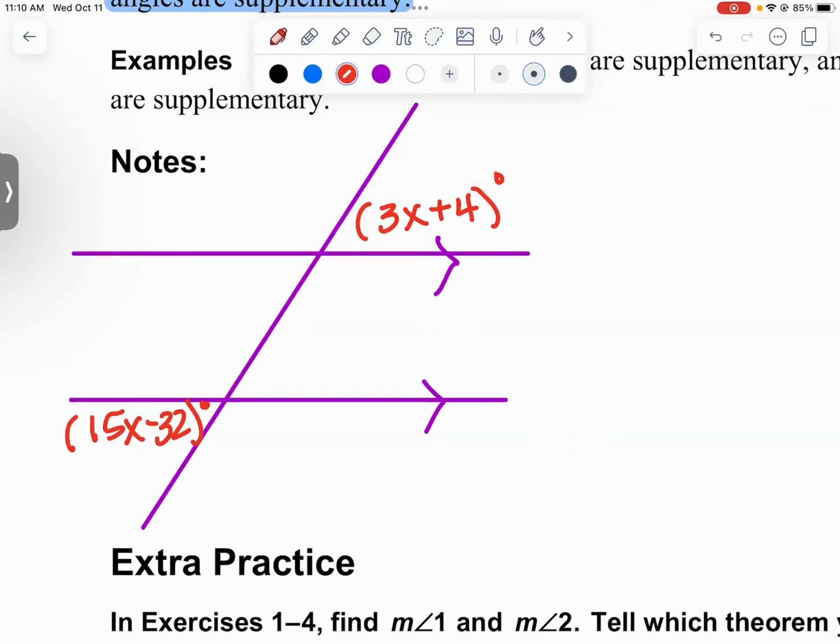Your angles could be the same, or they could be supplementary. So either you're setting two angles equal to each other, or you're adding them together to set them equal to 180.